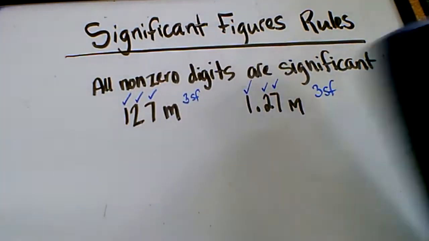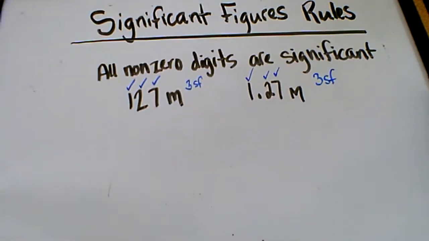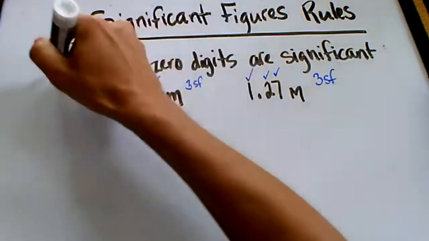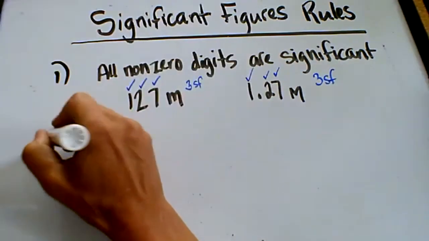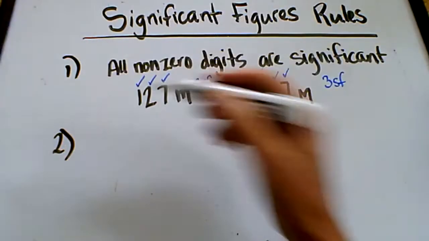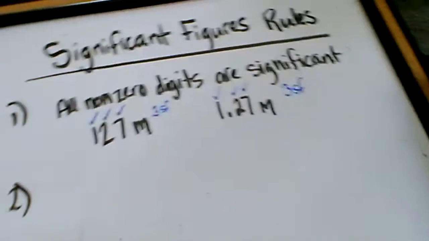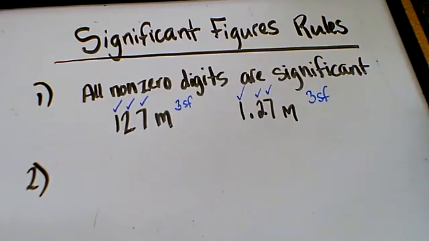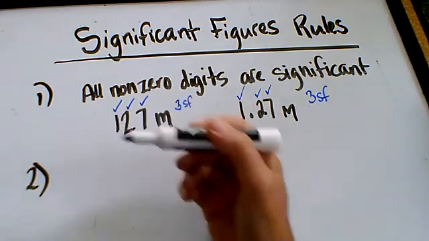Okay. So first rule, if it's not a 0, it's significant. Rule 2, I may find myself running out of room here, just leads to the question, well, what about zeros, right? Well, zeros can come in 3 places.